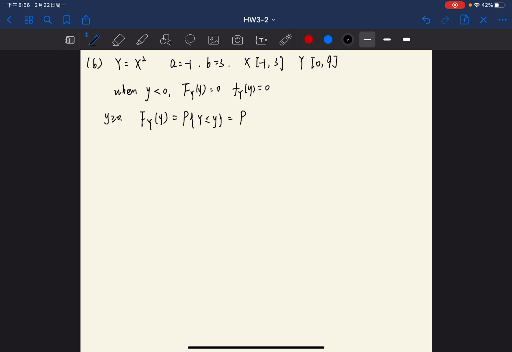And because capital Y equals capital X to the power of 2, this equals the probability that minus y to the power of 1 divided by 2 is smaller than capital X and X is smaller than y to the power of 1 divided by 2, and this equals capital F_X(y to the power of 1 divided by 2) minus capital F_X(minus y to the power of 1 divided by 2).